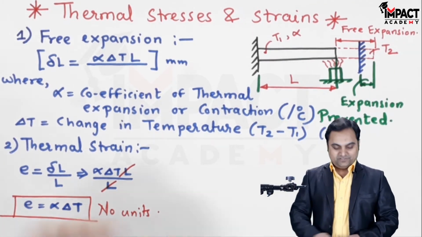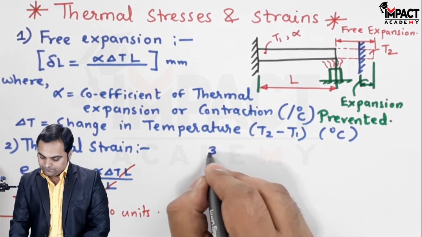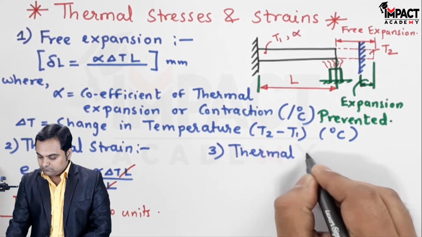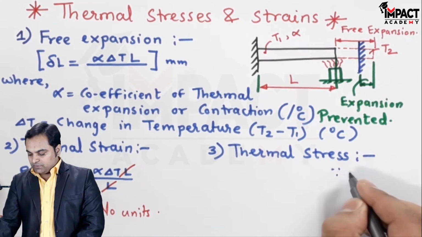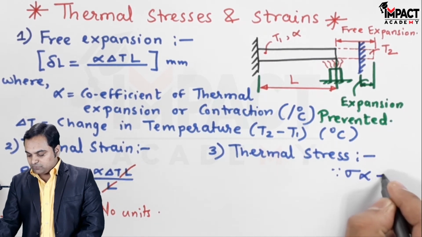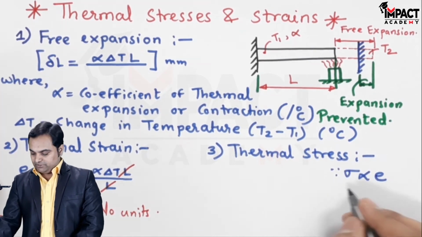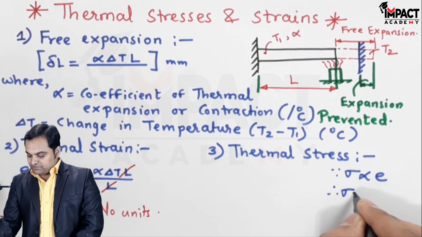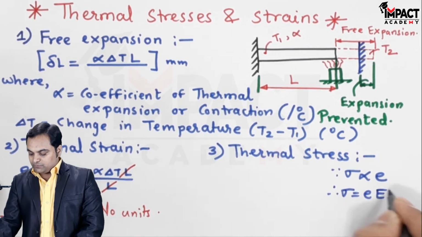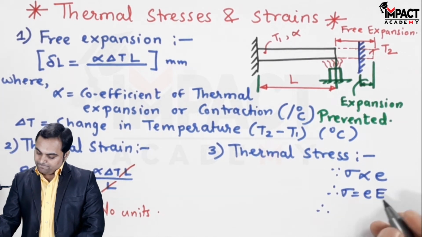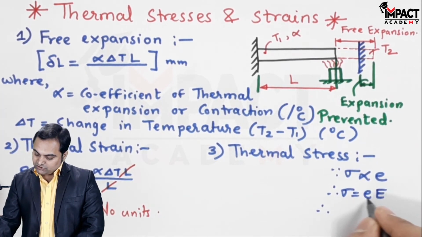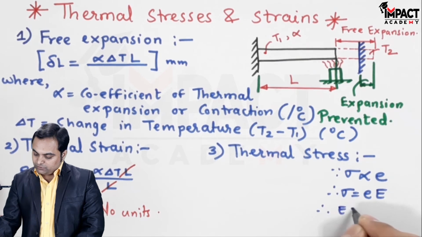Then similarly, thermal stress. Now from Hooke's law, stress is directly proportional to strain within the elastic limit. So stress is equal to strain into Young's modulus, which is the constant of proportionality, or Young's modulus is stress upon strain.